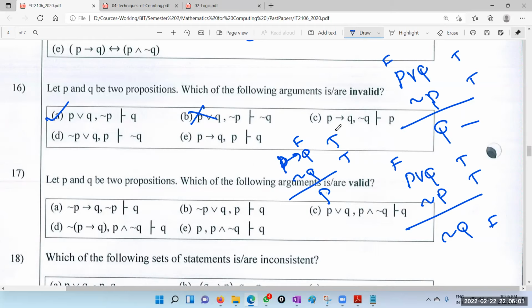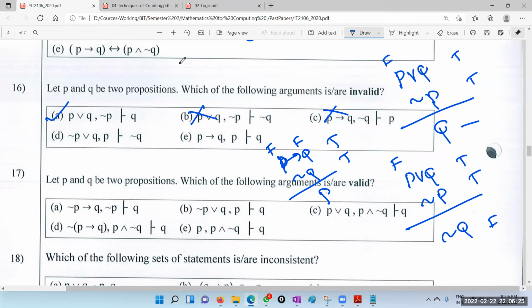For this to hold, the only possibility is that P must be false, because false implies false is true. But the conclusion says P must be true, and what we got is P must be false. This is not the answer.